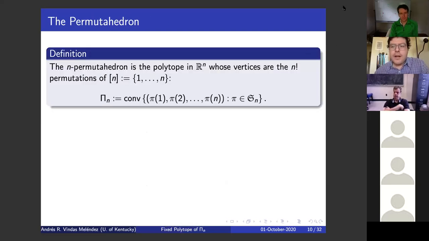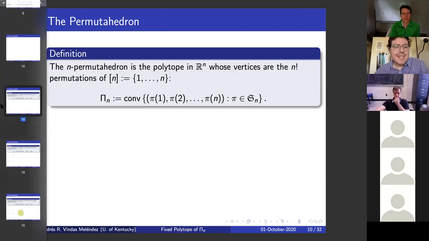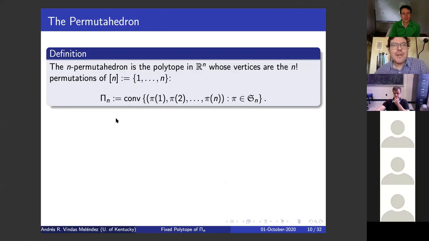And so a special polytope that is in the title, I said, is the fixed polytopes of the permutahedron, and this is the first time we now talk about the permutahedron. The n-permutahedron is the polytope living in n space, whose vertices are the n factorial permutations of 1 through n, okay? And here are some examples.